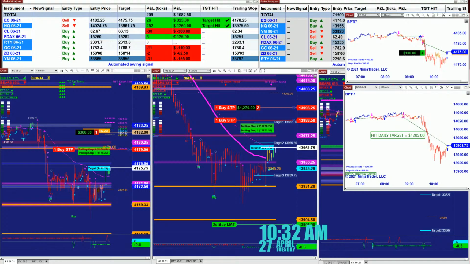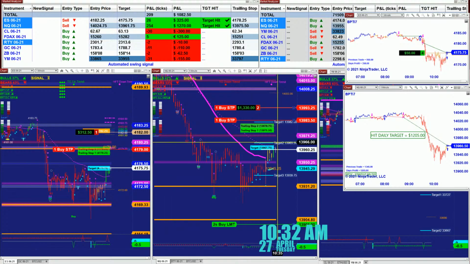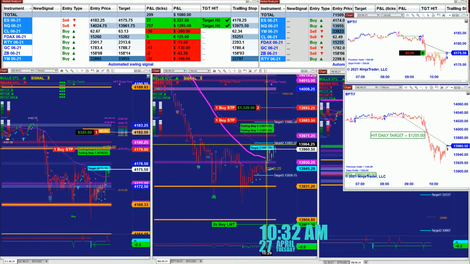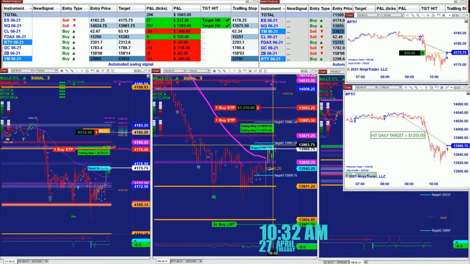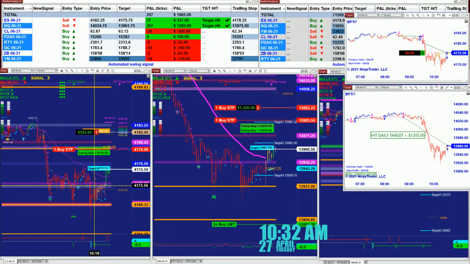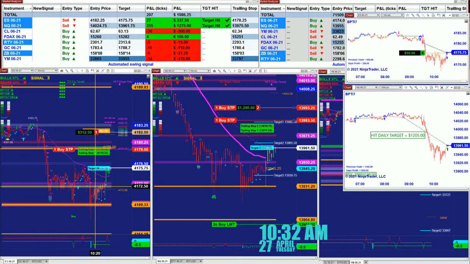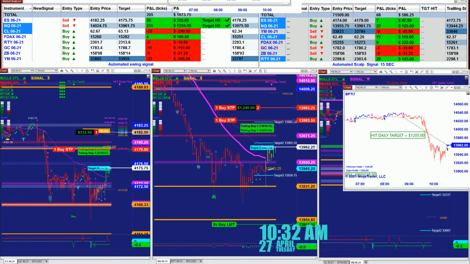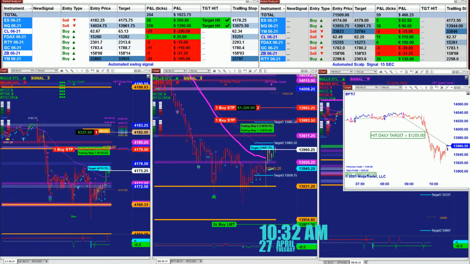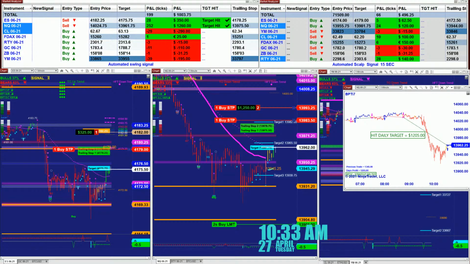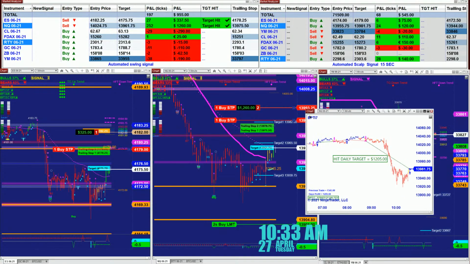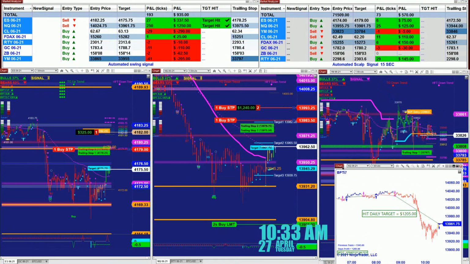Very important area, and that's why we said we don't want to take a short again on the Nasdaq if the ES crosses the 41.72, and it did. Now we're going to see some really nasty trades.